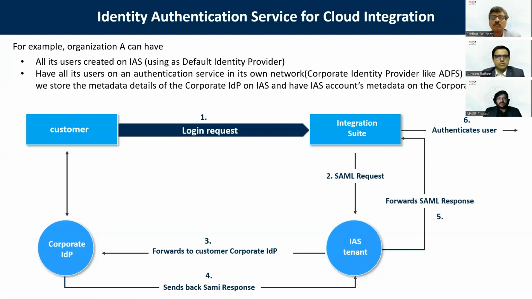Here, for the requests between 1 and 6, login request and authenticate user, we have a couple of steps. A SAML request is sent by Integration Suite to IAS, and then IAS in turn gets the SAML response from the corporate IDP, and subsequently forwards that response to Integration Suite as a trust provider. So that trust is established.